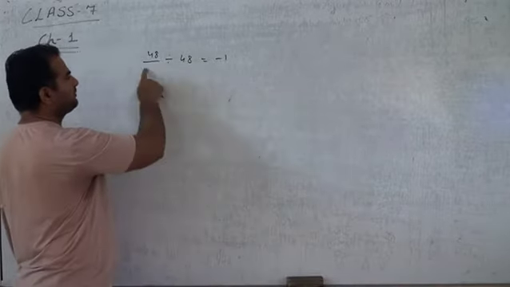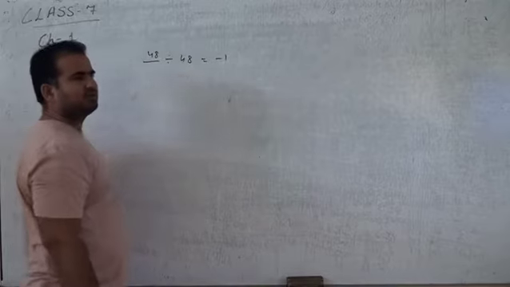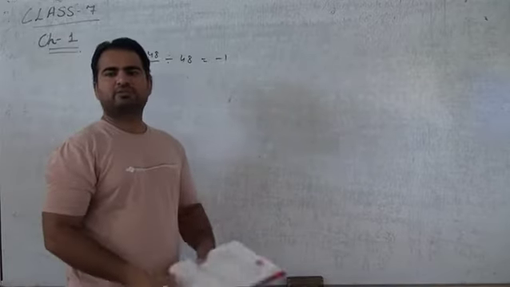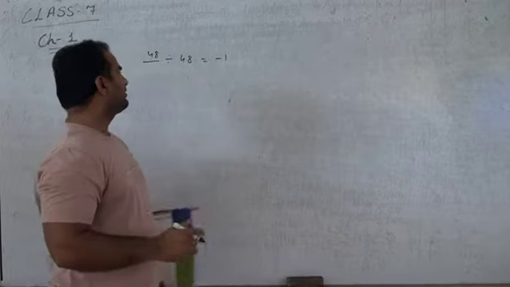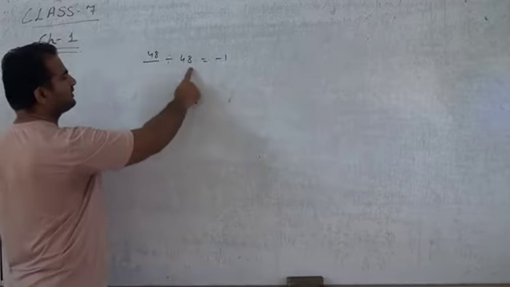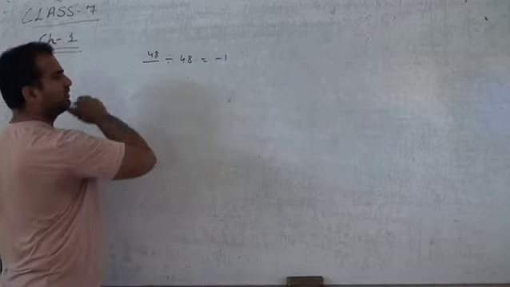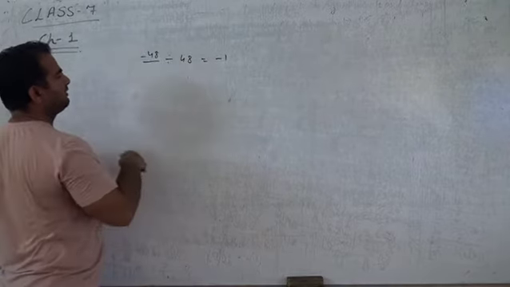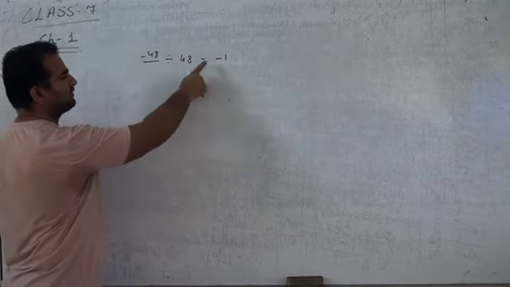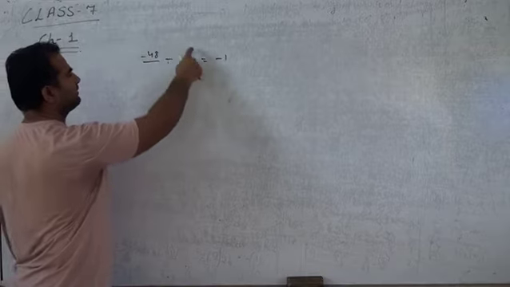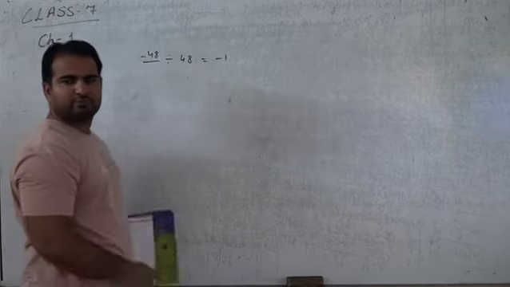So in one of them there should be a number of negative nature. We cannot change the divisor 48, but we can change the other 48 into minus 48. Minus 48 divided by 48 equals minus 1.